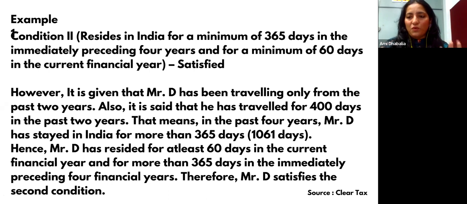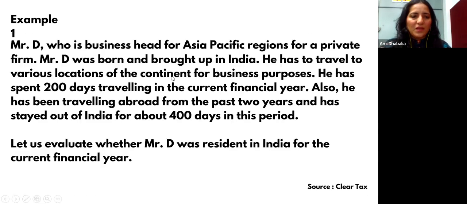Means in the past 4 years, out of 365 into 4, less 400, he was in India for 1061 days. Hence, he has resided for at least 60 days in the current financial year and for more than 365 days in the immediately preceding 4 years. Therefore, he satisfies the second condition and he is a resident. So I hope this point is clear with this example.